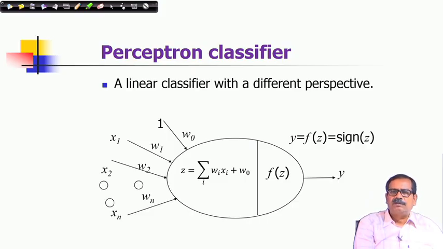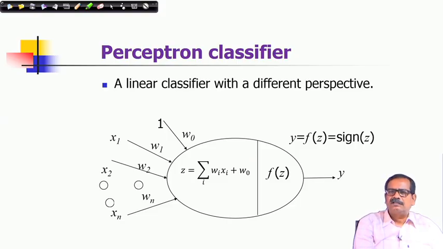The function is also a linear functional form, as we can see, and for the classification, once again, it is the sign of that. So, it is acting like a discriminant function. This z is acting like a discriminant function g x, and then the sign of that will give you y.